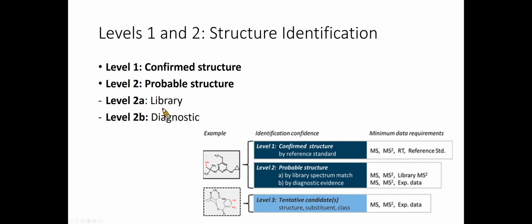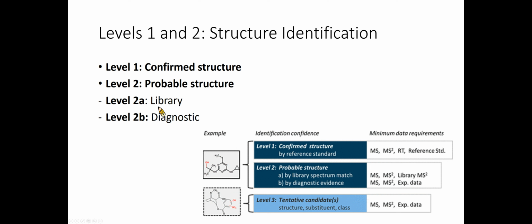The sub-level 2A involves matching the literature or library spectrum data where the spectrum-structure match is unambiguous. Care is needed when comparing spectra recorded with different acquisition parameters like resolution, collision energy, ionization, or mass level to ensure the validity of the match, and decision criteria should be clearly presented.